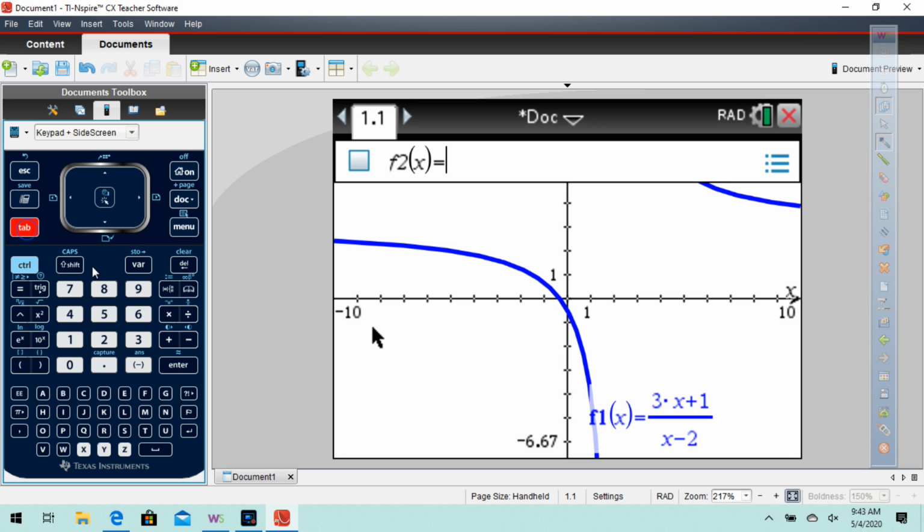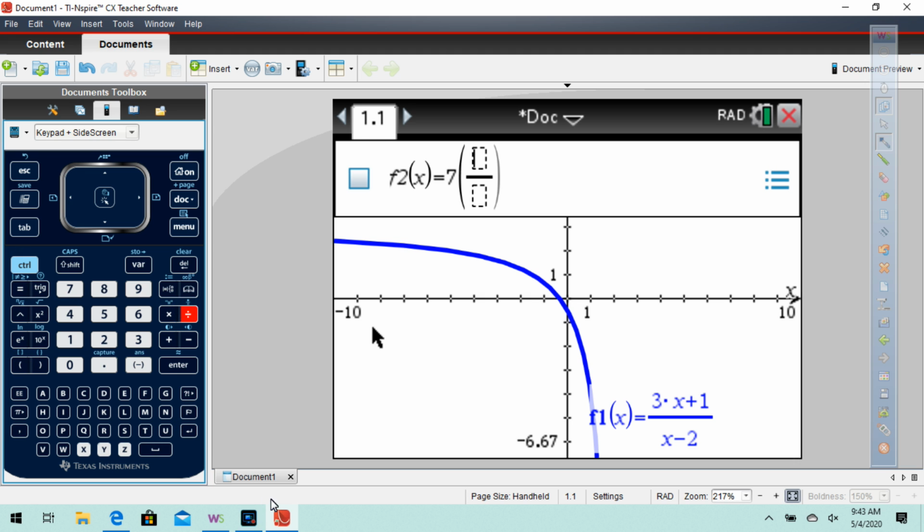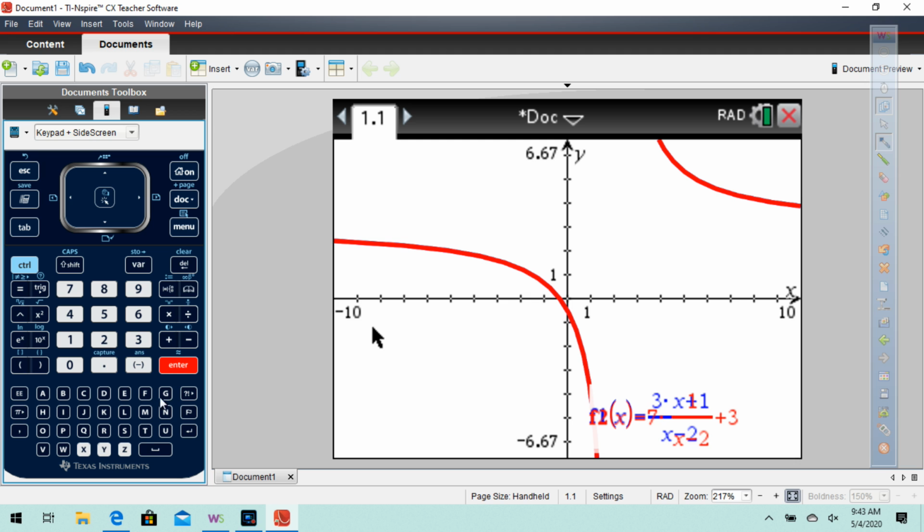And then we'll press tab, and we got 7, open parentheses, and that's 1 over x minus 2 plus 3. And it fell right on top of it.